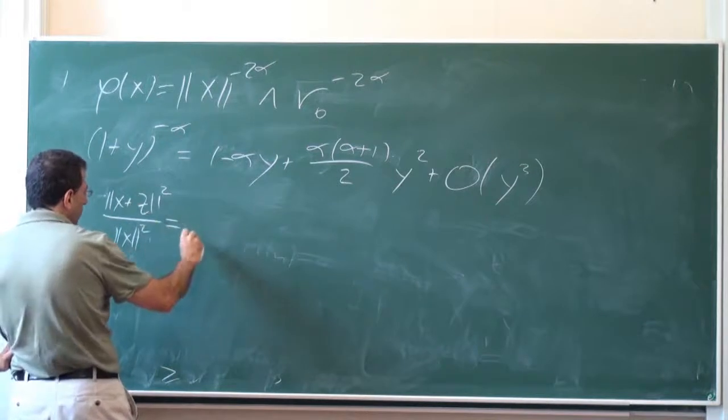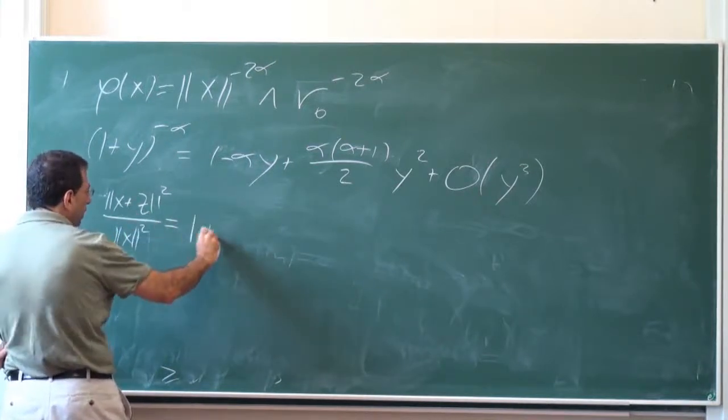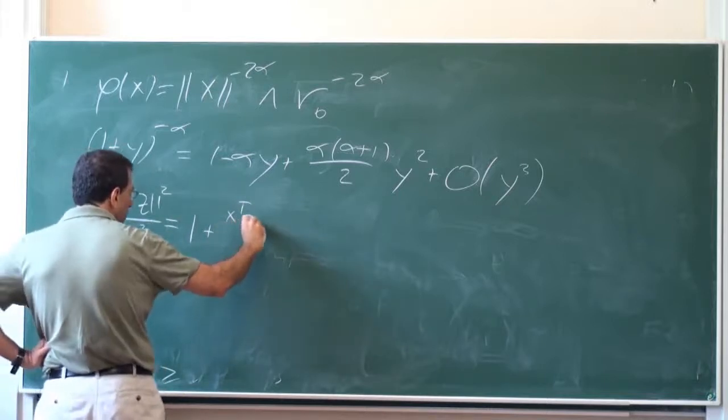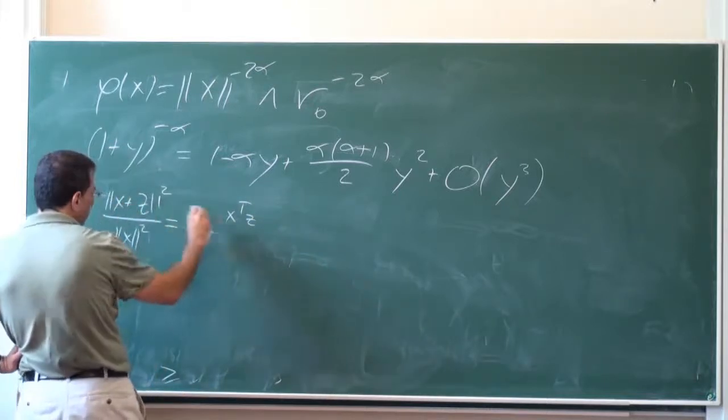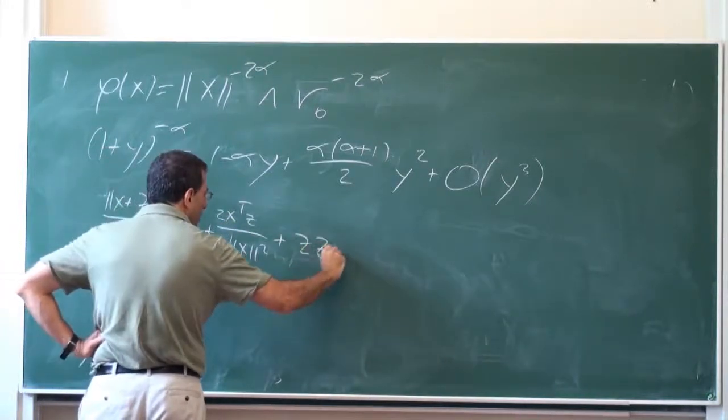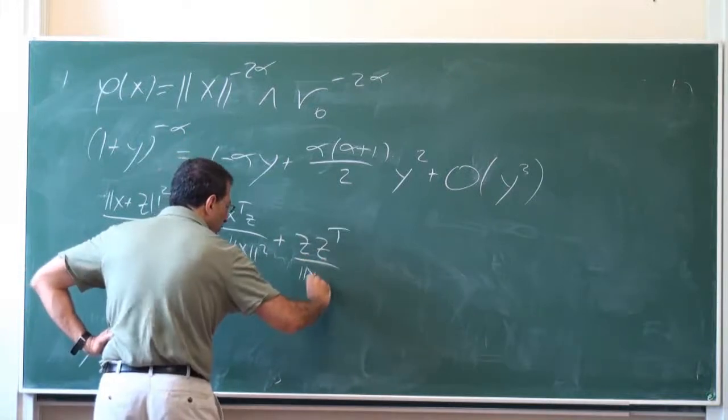So let's write this norm. When we expand the top, we get 1 plus twice x transpose z over norm x squared, plus z transpose z over norm x squared.